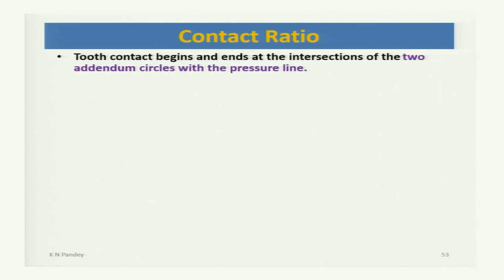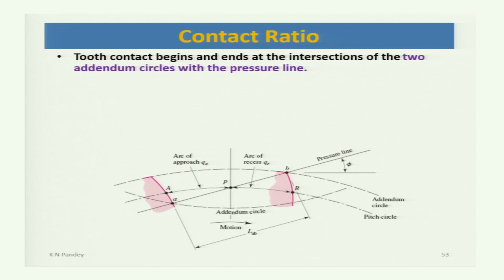Now, the next very important terminology is the contact ratio, which will be used in the design of the spur gear. Tooth contact begins and ends at the intersections of the two addendum circles with the pressure line, like shown here. This is one addendum circle, and this is another addendum circle.